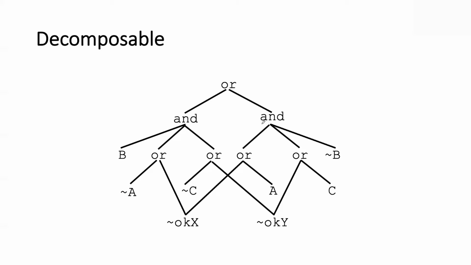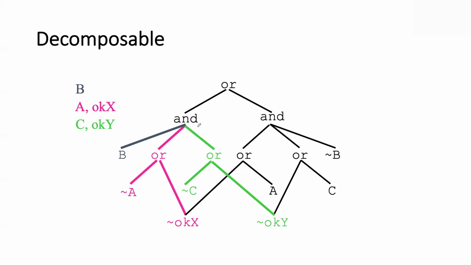So if I want to verify whether this is decomposable, I need to check those two guys. If you look at this first guy here, you will see that there are three subcircuits feeding into it that are color-coded, this, and that. And if you look at the variables in the first subcircuit, that would be B, in the second one, A and OK X, and the third one, C and OK Y. And you can see these guys do not overlap.